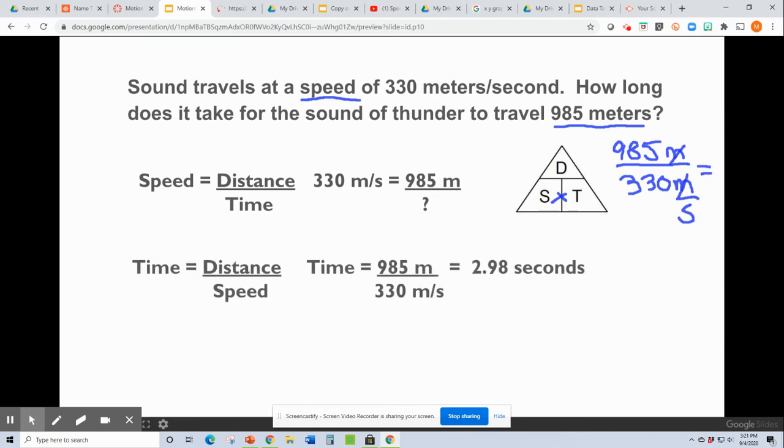So I can rearrange my formula. If you're comfortable with the algebra, you can simply rearrange your formula, or you can use my little equation triangle, and we end up with time is equal to distance divided by speed. I set it up the exact same way, and if you put that in your calculator, it comes up to 2.98 seconds.